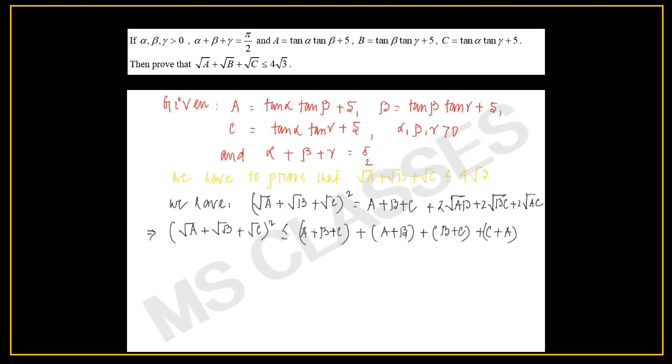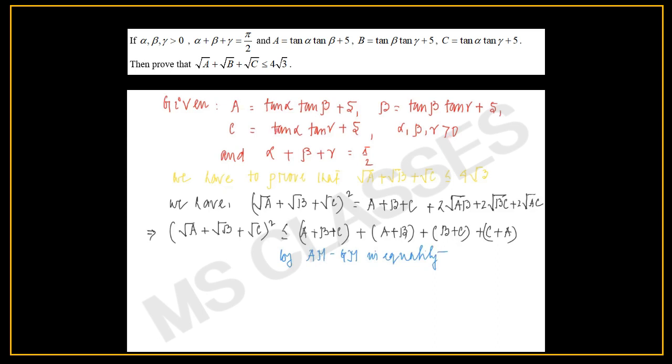Now, why is it so? How have we got this? We have got this by the AM-GM inequality.